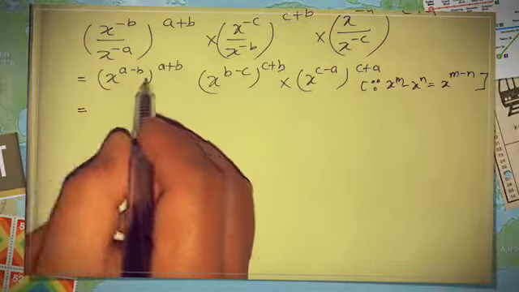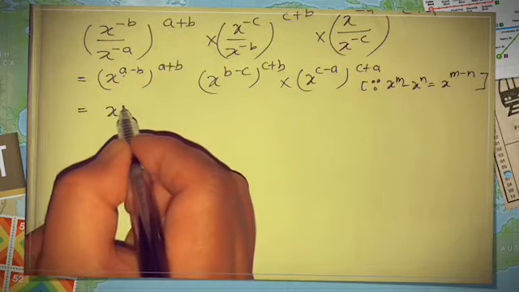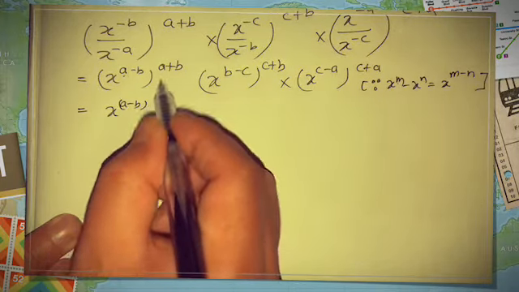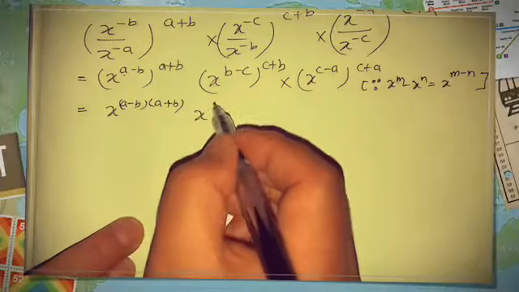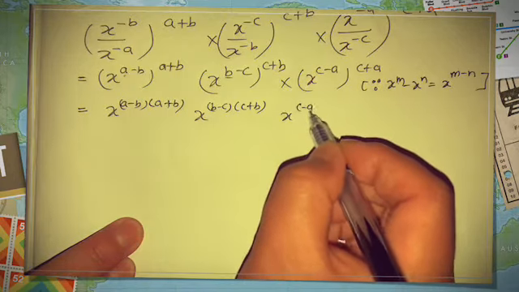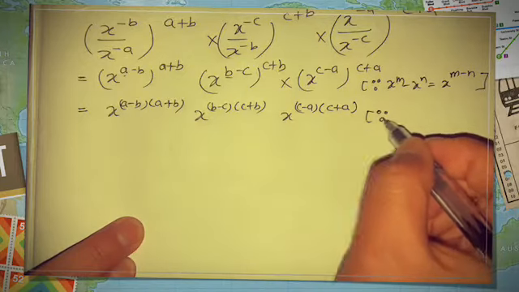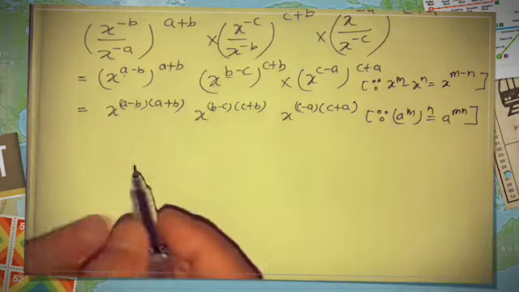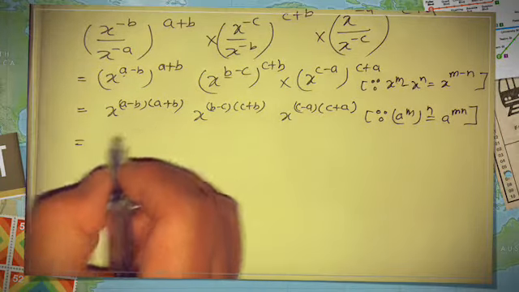Now look at here, power and power. Okay, so by the law of power to power, then powers are multiplied. This is now a minus b, a plus b.